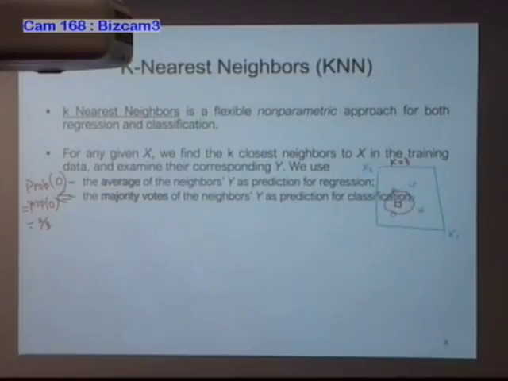Are we okay? So for the regression problem, every point comes with a y, so you just average their y. For classification, you take a majority vote, you get the labels, or you calculate the probability. That's the proportion. You want the proportion of zeros or ones, up to you. You get the proportion.